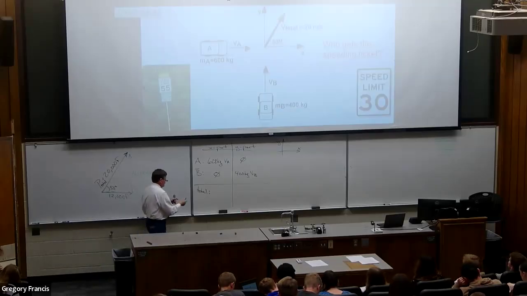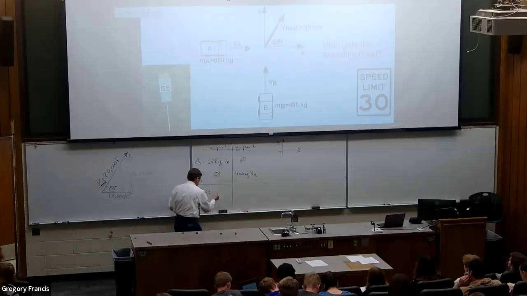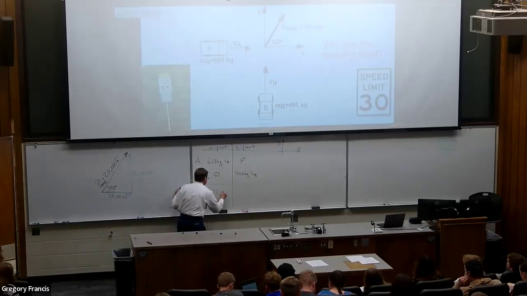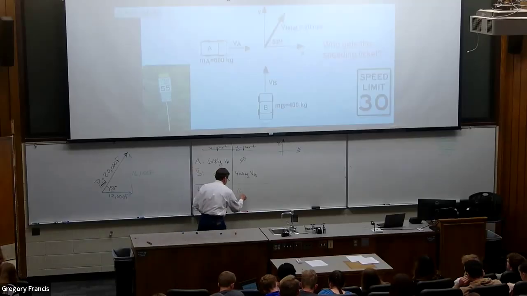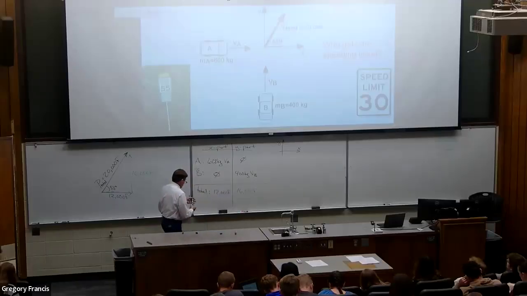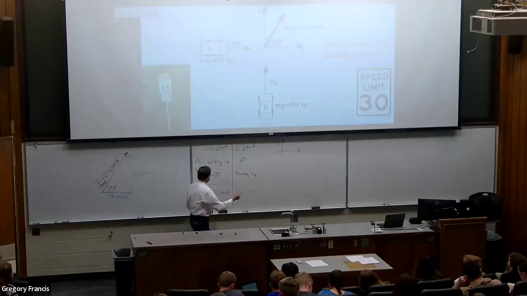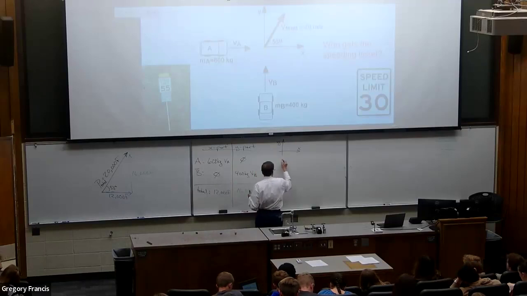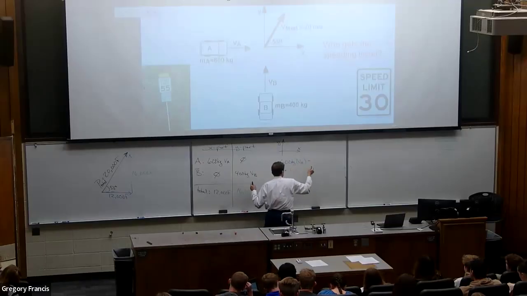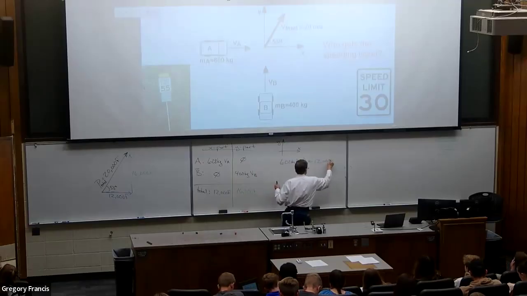So I come in here and I put that in my X and Y column. This is 12,000, and this is 16,000. And now I just add up my columns. In the X column, I have 600 kilograms times VA plus 0 is equal to 12,000.